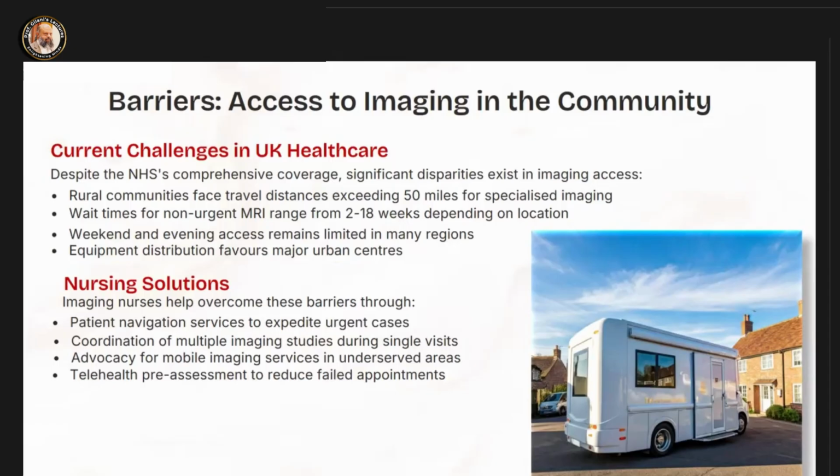Rural communities face travel distances exceeding 50 miles for specialized imaging, wait times for non-urgent MRI range from 2 to 18 weeks depending on location, and weekend and evening access remains limited in many regions. The equipment distribution favors major urban centers.